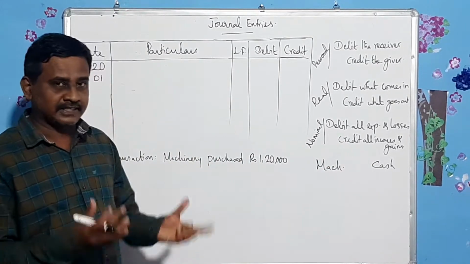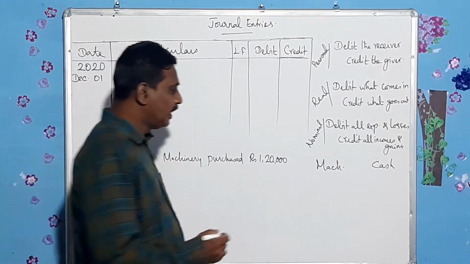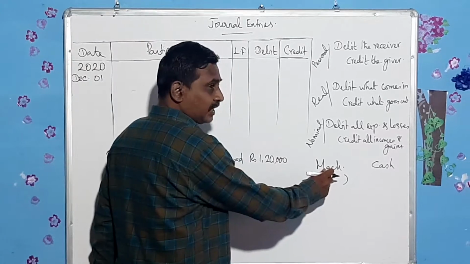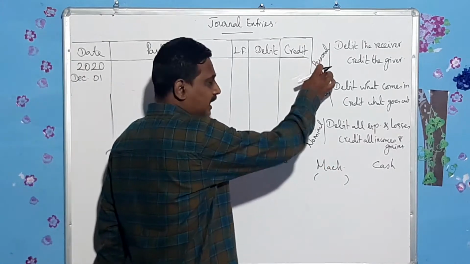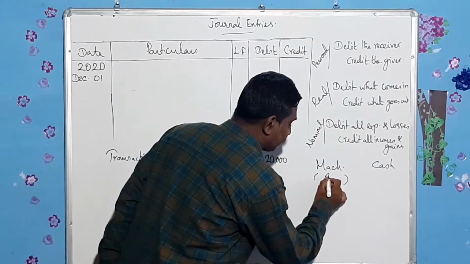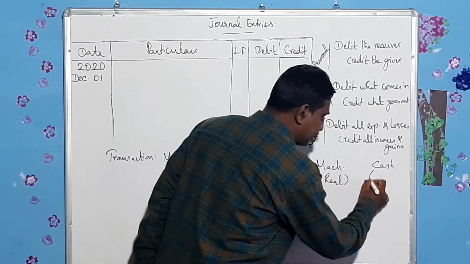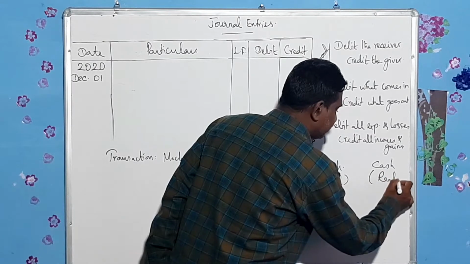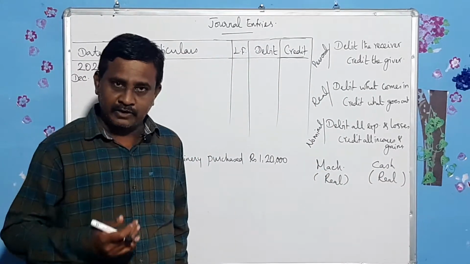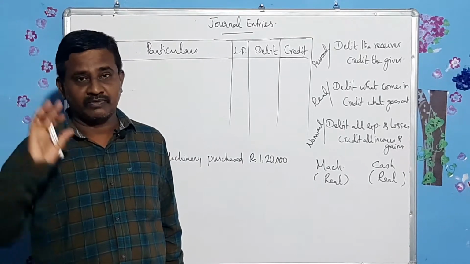Again, the next thing you have to do is understand which type this account belongs to, whether it is personal account, real account or nominal account. Machinery is a real account. Cash is also a real account. Real account means that will either come into the business or it may go out of the business.